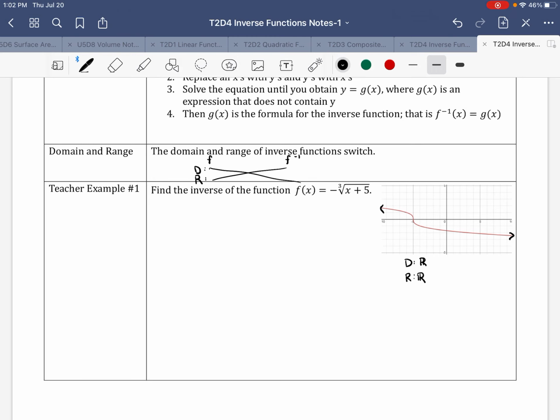Now, when we're solving for the inverse, we're going to rewrite it as y equals negative cube root of x plus 5, and then we're going to flip our x and y variables.